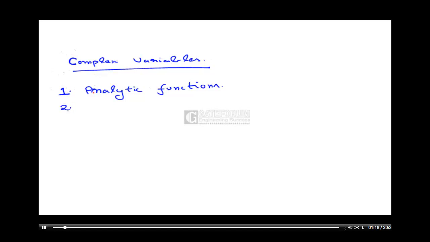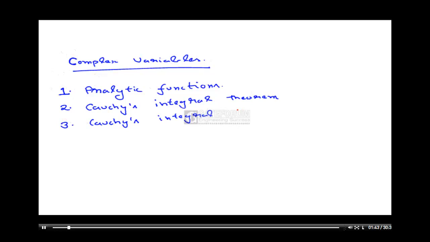Second one is Cauchy's integral theorem. Third is Cauchy's integral formula.